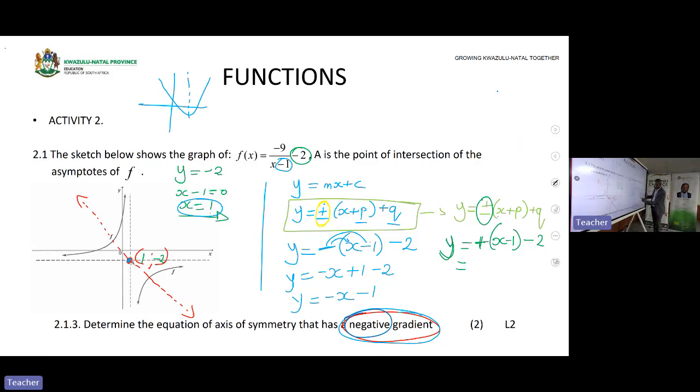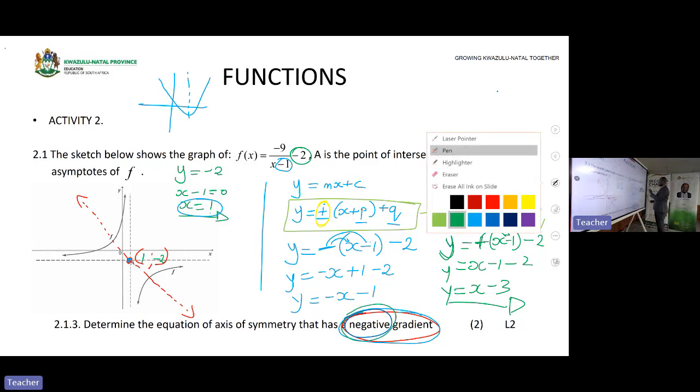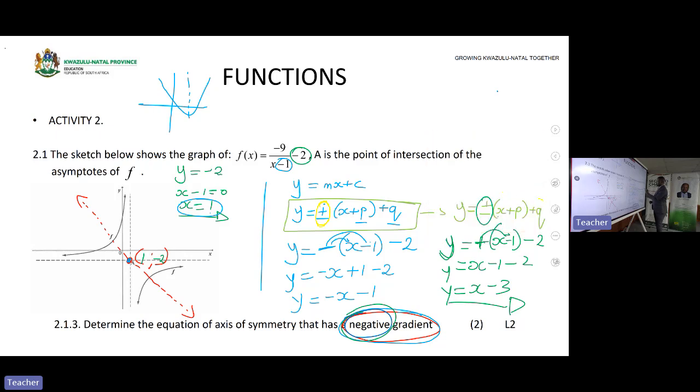And then we're going to simplify our equation. Positive times x, it was going to be positive. Positive times this -1, it's -1 minus 2. Then our equation was going to be y equals x minus 3. So in other words, you must expect a question to ask with a negative gradient or with a positive gradient. But you are going to use the very same formula, which is this one. Let me highlight it again.